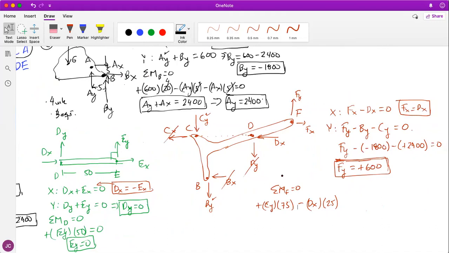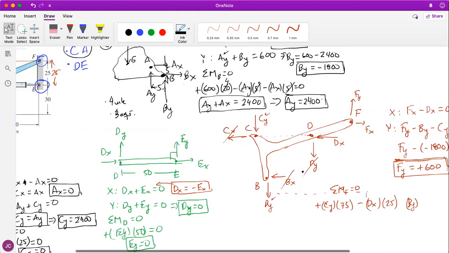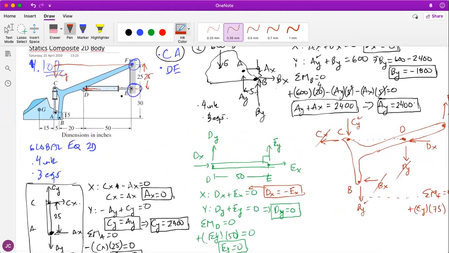And then what else? Let's go with Dy, no, it's 0. The Cy or Cx, no, 0. Bx, no, 0. By, yeah, By. So By times the distance. How much should I move myself from here to there? Let's go to the figure and you will see that from F to B, it's located right here.